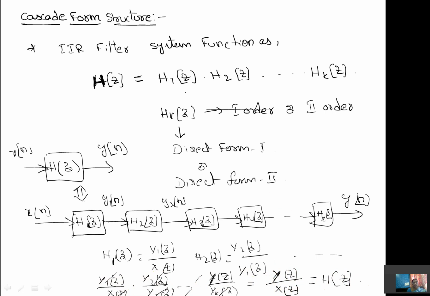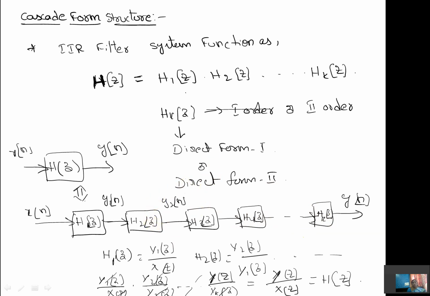That means cascading form of connection is nothing but when you cascade all individual blocks like this. So here these corresponding system functions are multiplied to get the overall transfer function of the system.